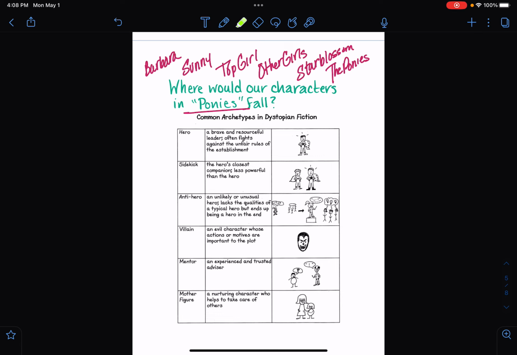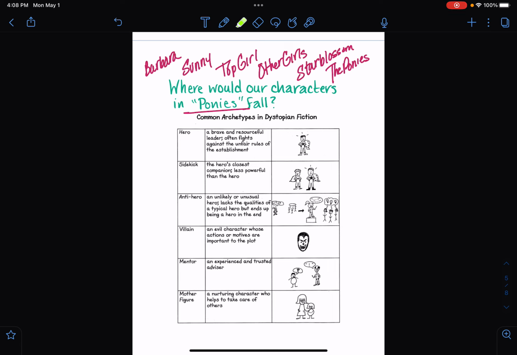I'm going to let you guys brainstorm some ideas for this. Just choose a character. Like if you choose Top Girl and you look through here, you start recognizing Top Girl is definitely not a hero. Nobody's going to call her that. And you look at the qualities of that hero and you realize that tells us Top Girl is not a brave and resourceful leader and she's not fighting against something that's unfair. That tells us something about her.